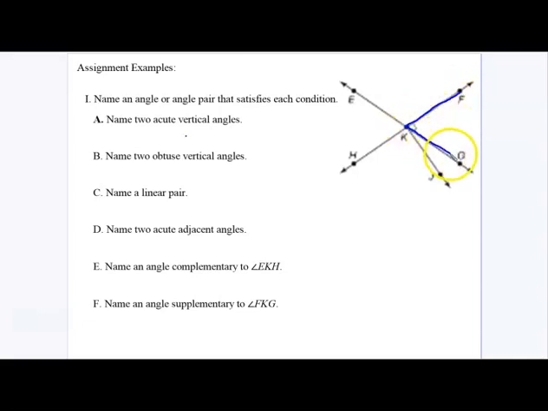This has to be less than 90 because that 90 degree symbol goes all the way down to FKJ. So I just highlighted this other angle, which has to be less than 90, and it is vertical with this. They share the same vertex. All right, and so we could say angle FKG and angle EKH.